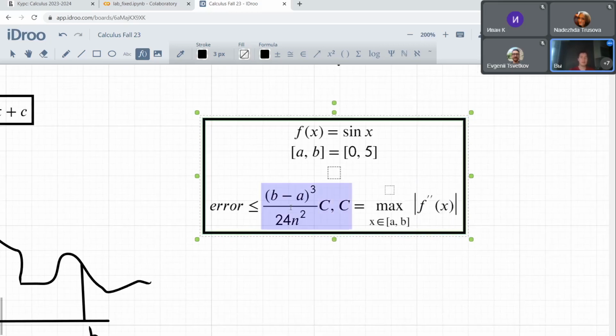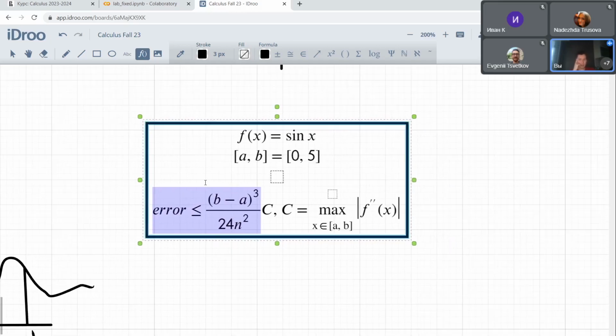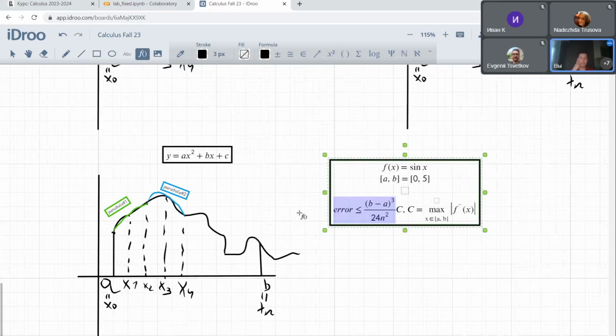Of course, if your function is a constant, for example, you will have a zero error approximation, because your function is simple.